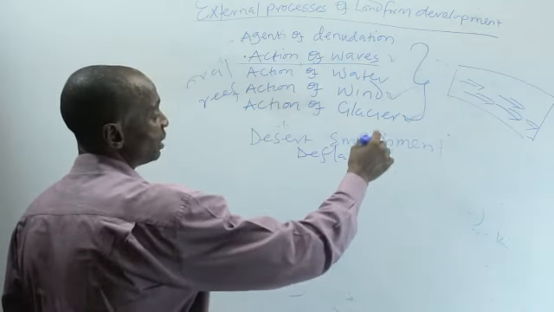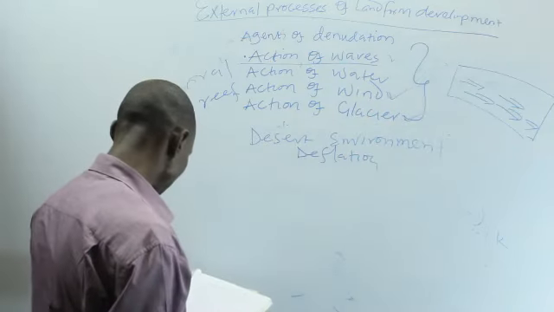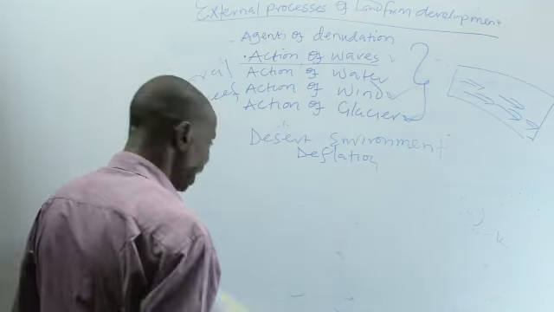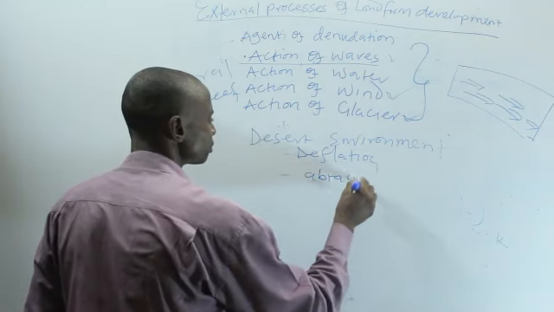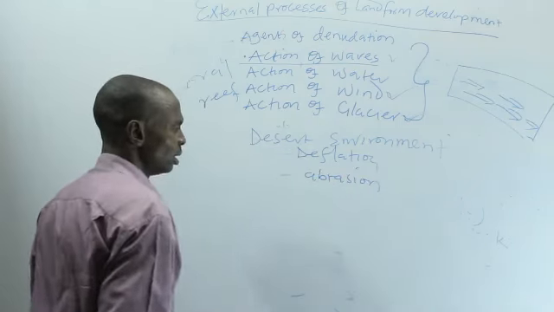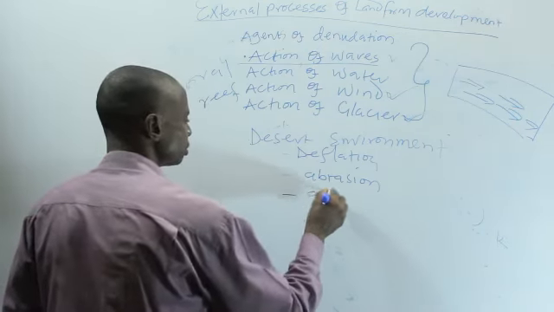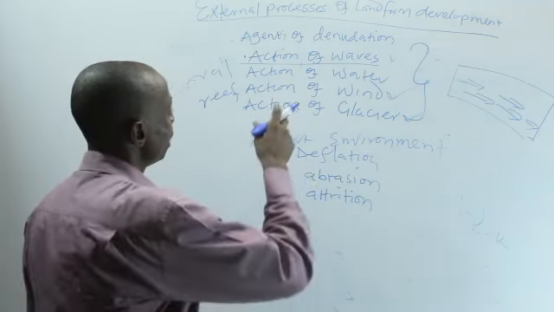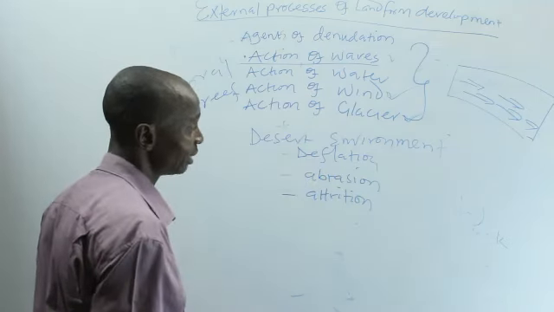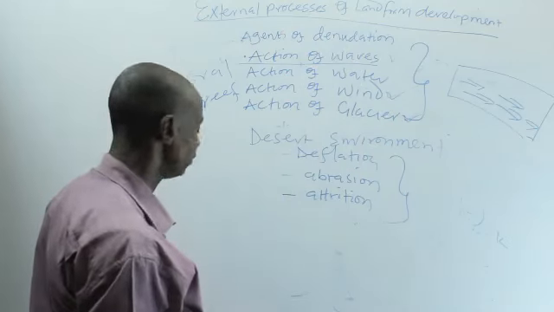Blow it and form a standing feature like loess. It can also be by abrasion. One is deflation, one is abrasion, another one is attrition. All these are the processes whereby wind carries the materials in a desert environment from one location to another, and this can lead to what we are discussing, the landform development.